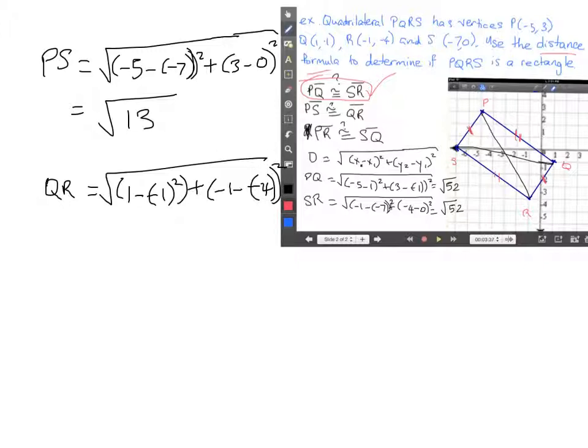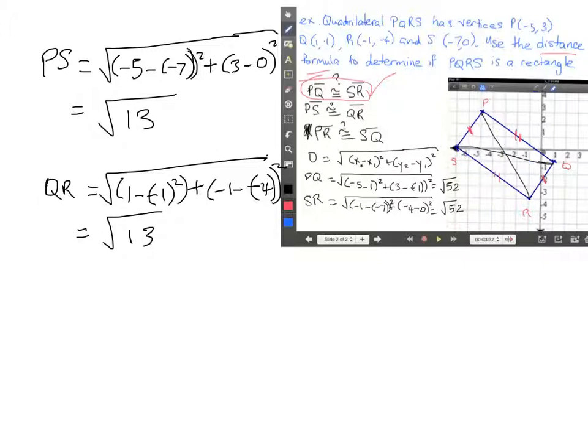And when you work that all out, you should actually get root 13, which means now we know that our opposite sides are both equal to each other. So now all we have to test is to see if the diagonals are equal to each other. So are PR and SQ congruent?